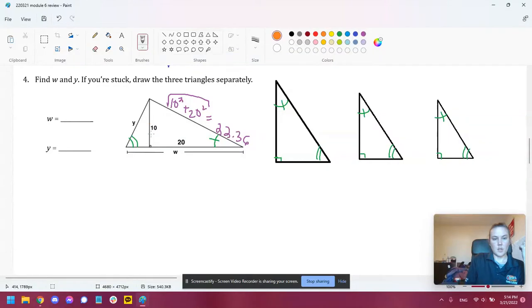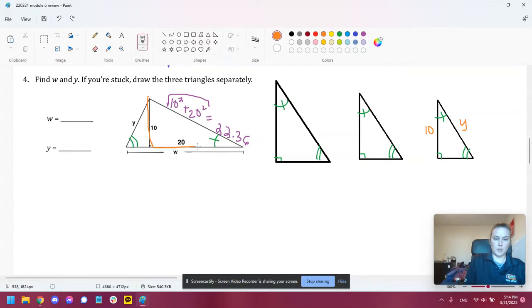For instance, when I look at this small triangle, I notice that y is the hypotenuse and 10 is across from this double angle. So on the small one, I'll put y on the hypotenuse and 10 across from the angle 2, the double angle.